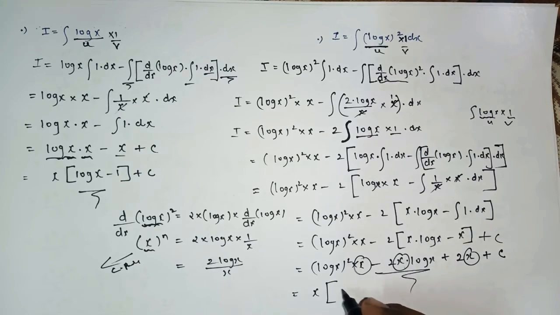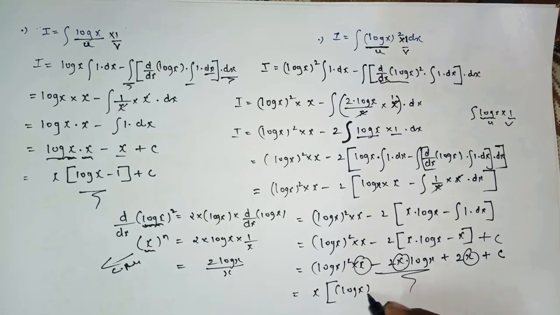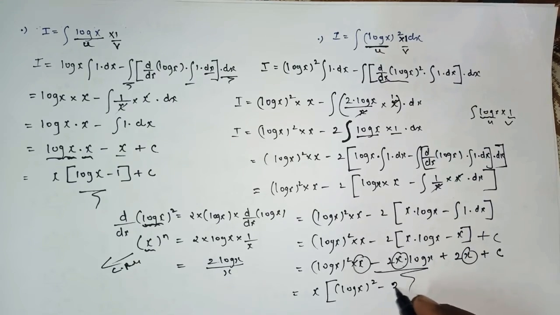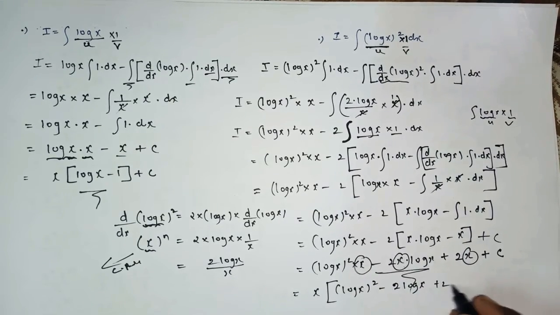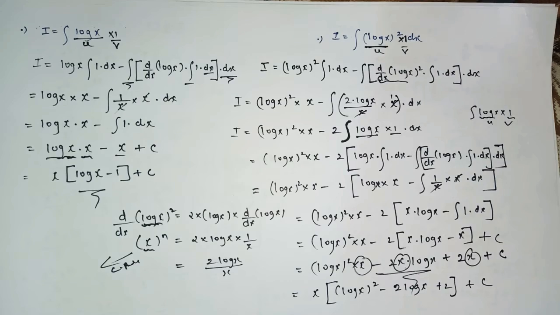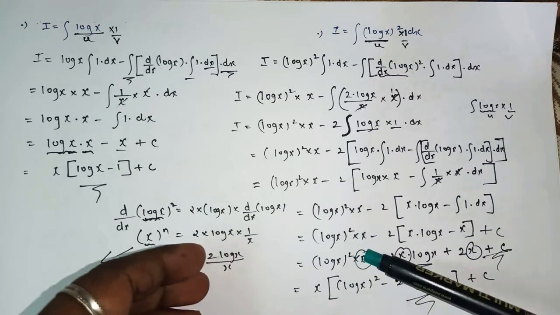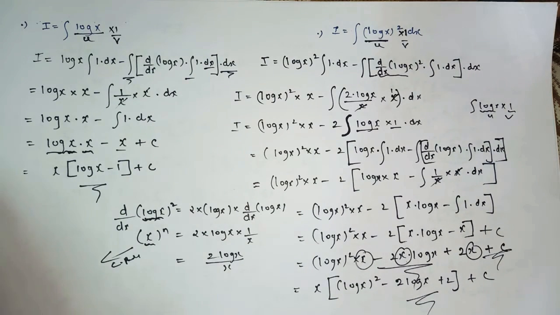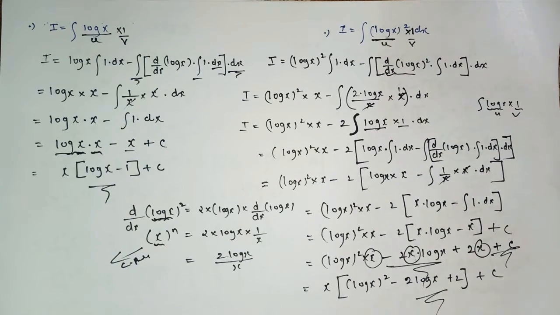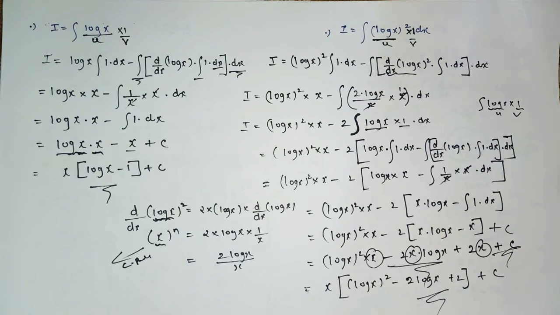X is common, so inside the bracket you can write log x the whole square minus 2 log x plus 2, plus c. So it is up to you. You can stop your answer here itself or here also. And see to it that if you are increasing the steps, don't make a mistake. If you feel we can solve the sum further, then solve. Otherwise you can stop your answer here also.